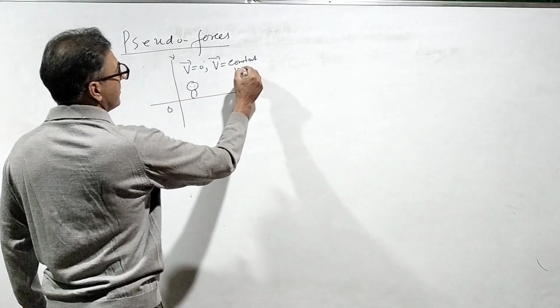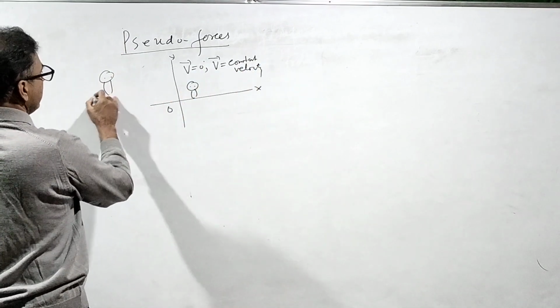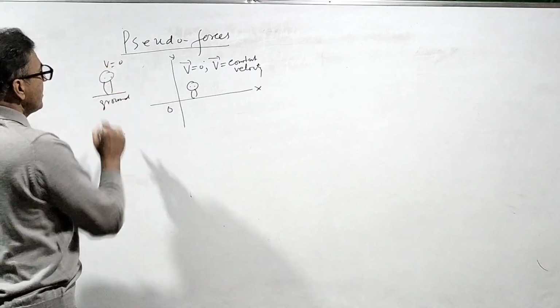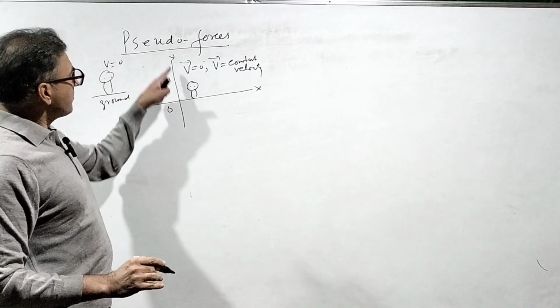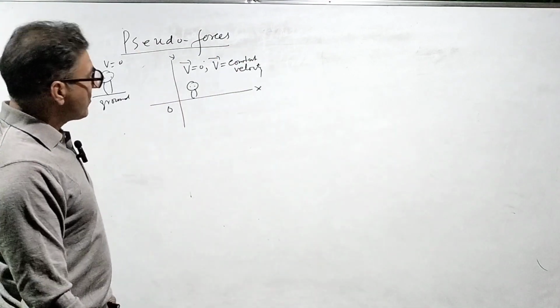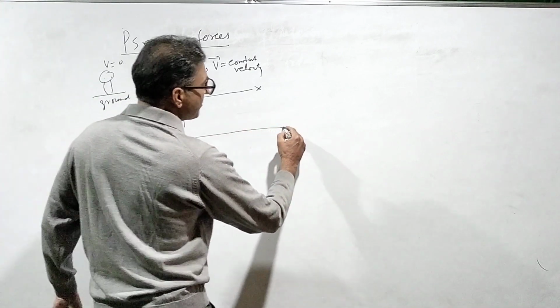For a person here, relative to the ground, its velocity is 0. So this person says that this coordinate system is either at rest or it moves with a constant velocity. There is one more coordinate system.